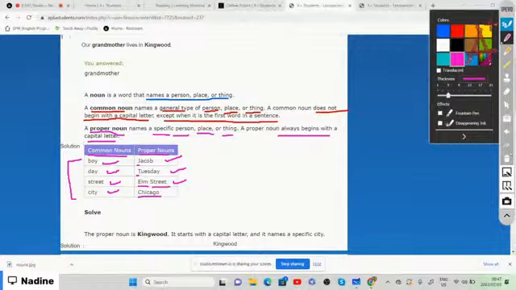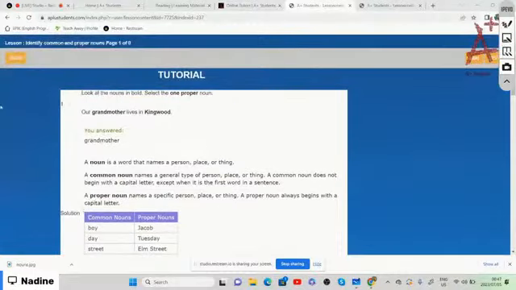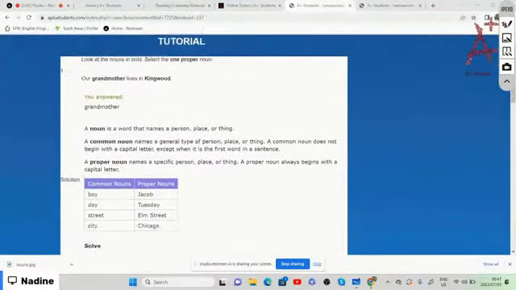So that is it for common nouns as well as proper nouns, right? And remember, we said a noun is a word that names a person, place, or thing. And then we have common nouns that name general types of things, like a general person, a general place or thing.